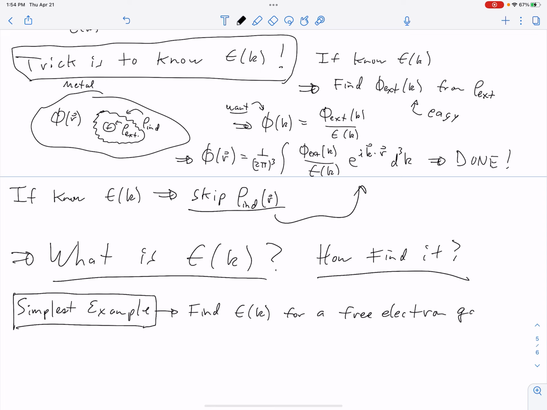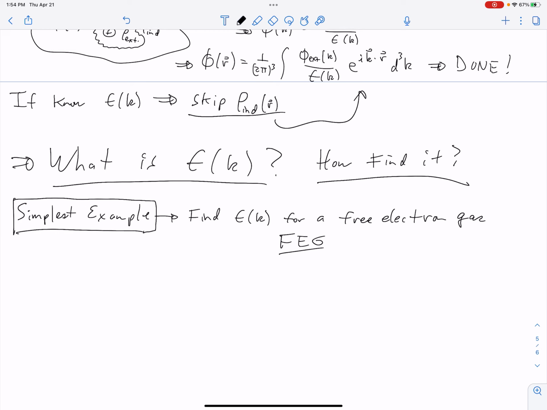Free electron gas, FEG. Let's do that. And then we'll use that. So to find the dielectric function, okay, we've got to find that dielectric function.